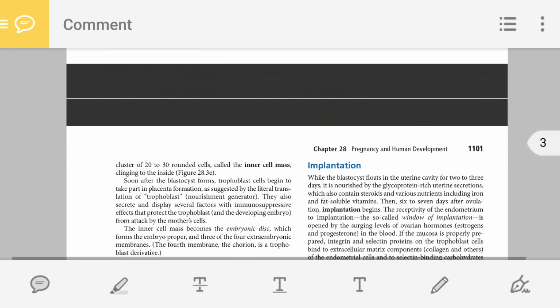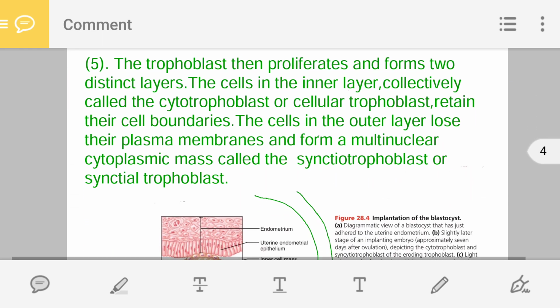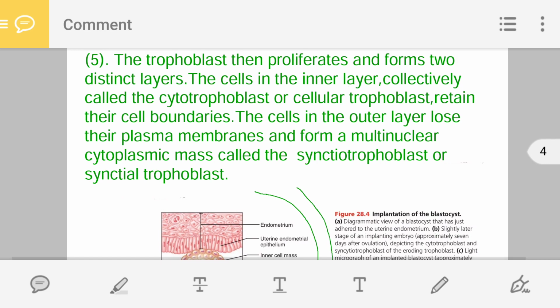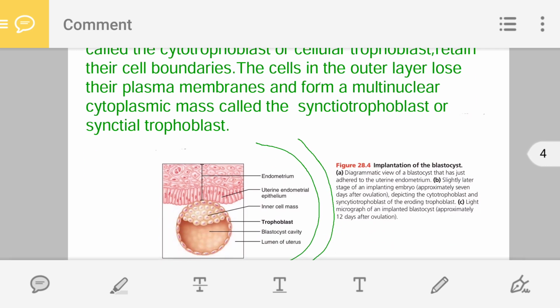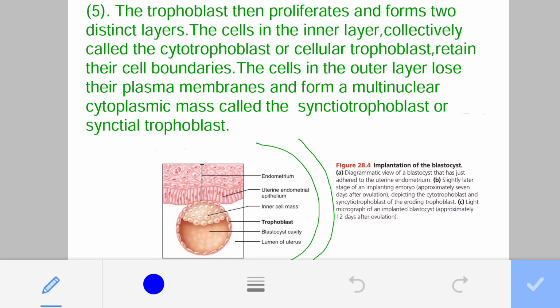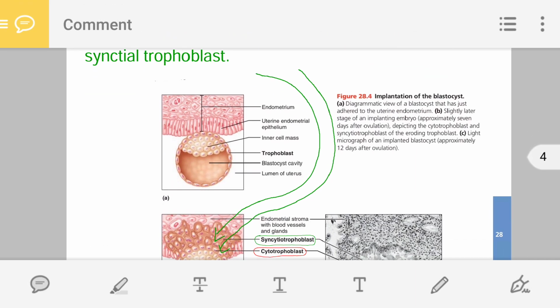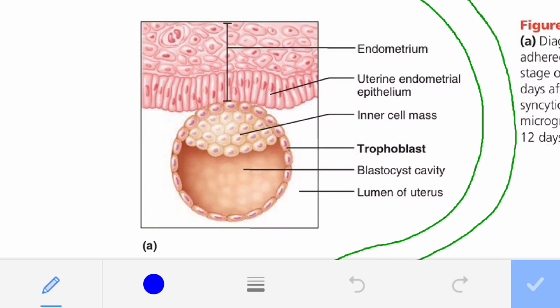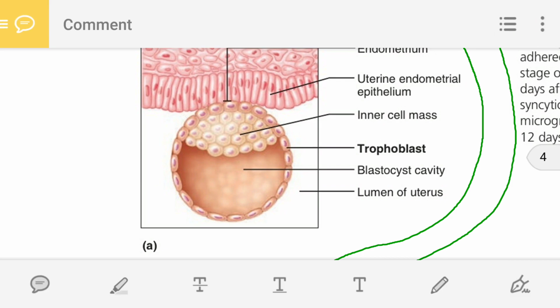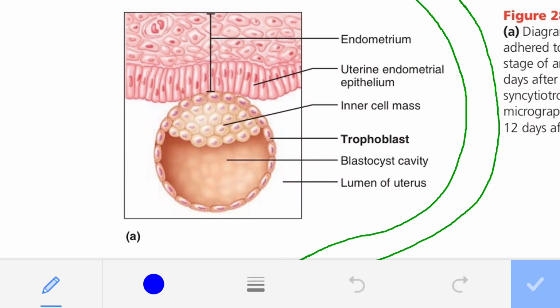Now we are moving forward to the fifth point. In this figure, just look at this trophoblast cell. Here this trophoblast cell, for example this layer, starts proliferating.